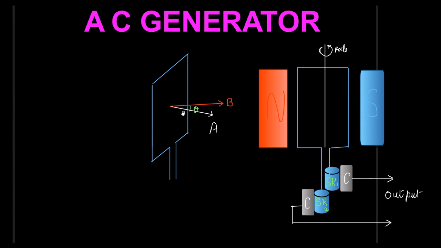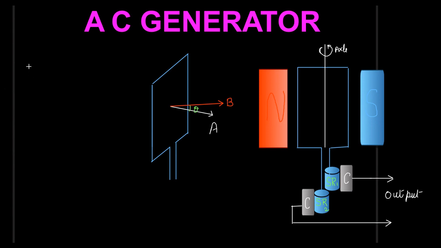At any moment, the area vector of the coil is making an angle theta with the magnetic field. So the component of the magnetic field along the area vector is B cos theta, or the component of the area vector along the magnetic field is A cos theta.